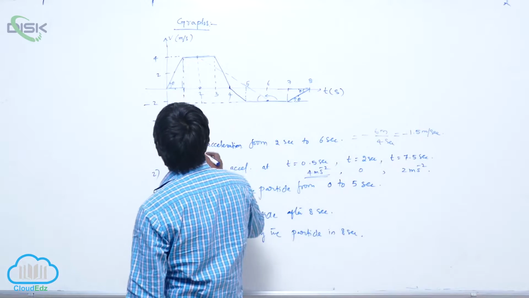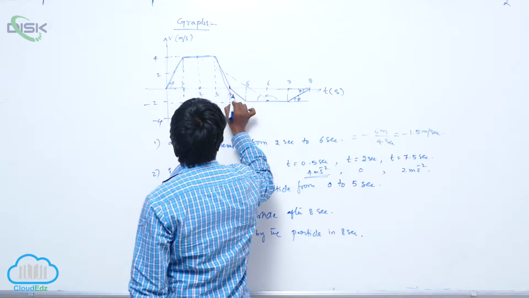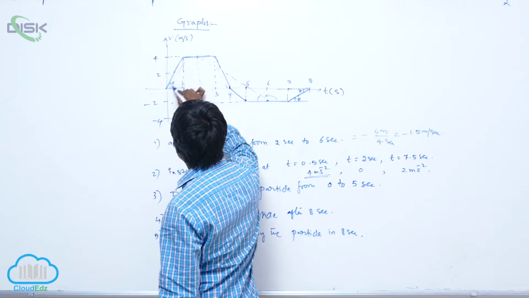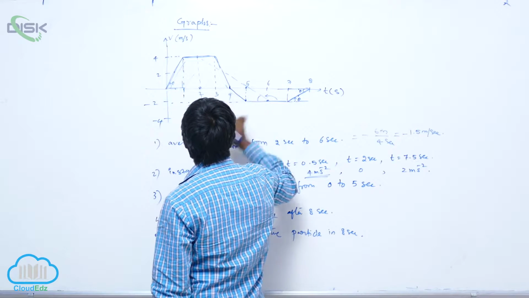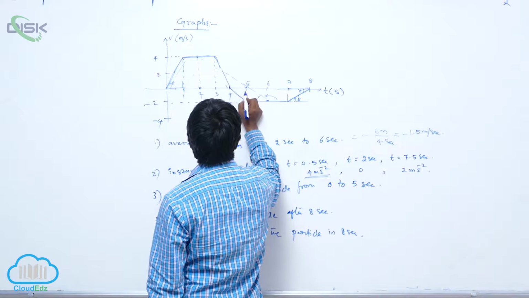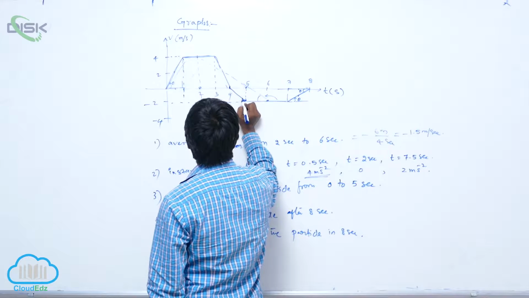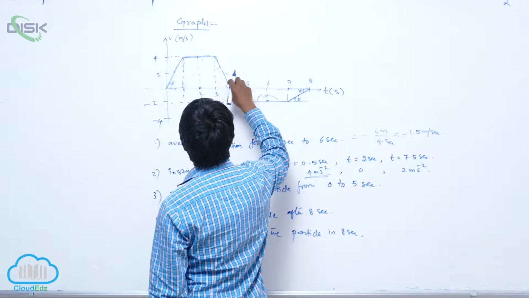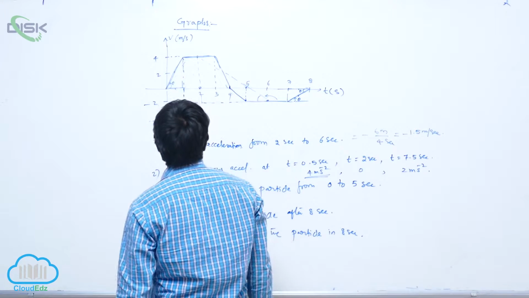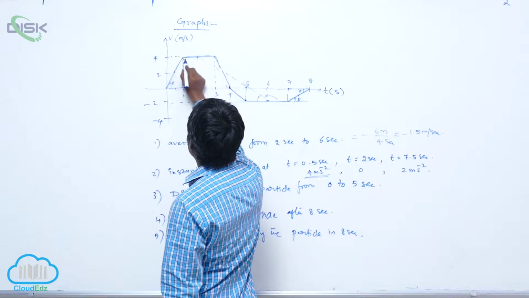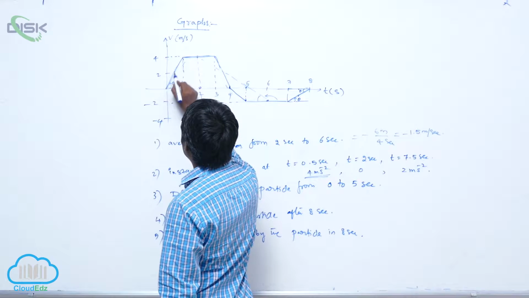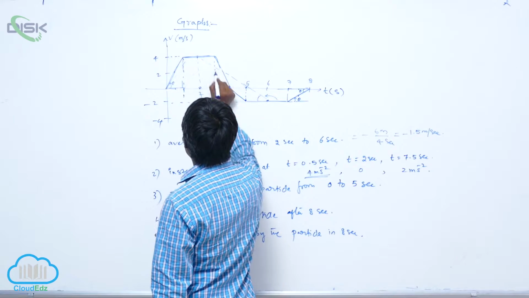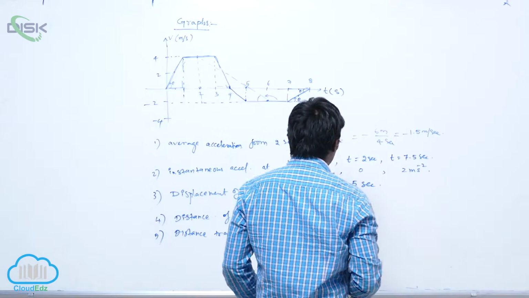That means we have to calculate the area between this graph and time axis up to here, so this complete area and also this area, but here this area will be negative and this is positive, so positive plus minus of this value gives you total displacement. And this area, let me calculate, is equal to area of this triangle, area of this rectangle plus area of this triangle, right?